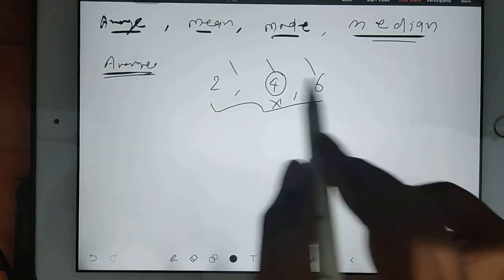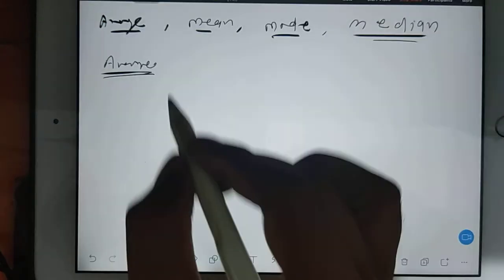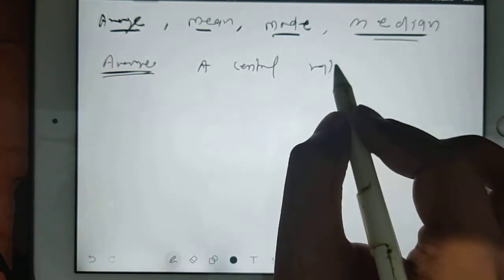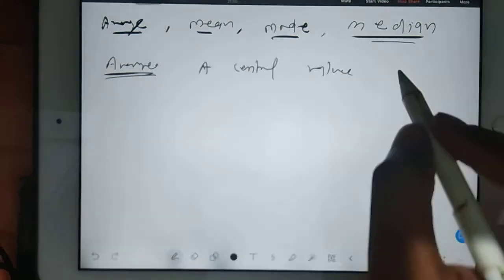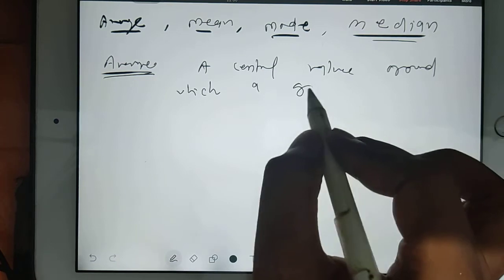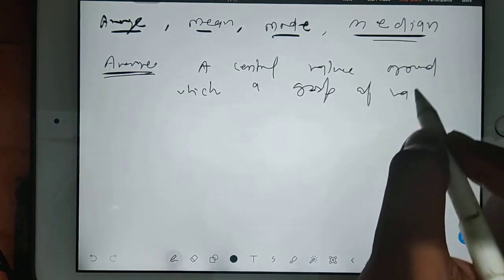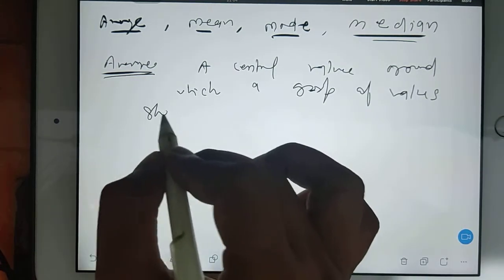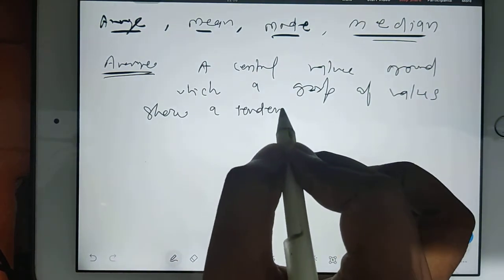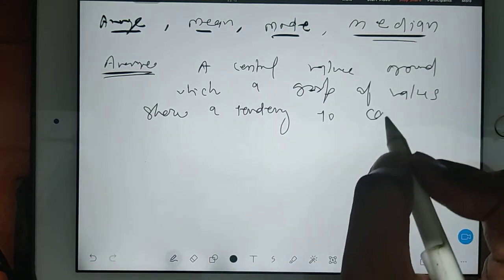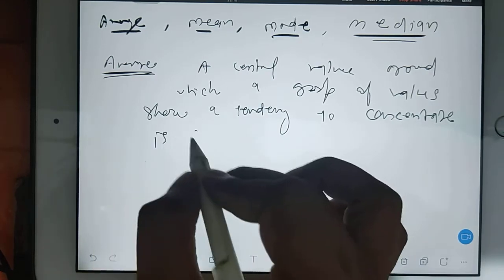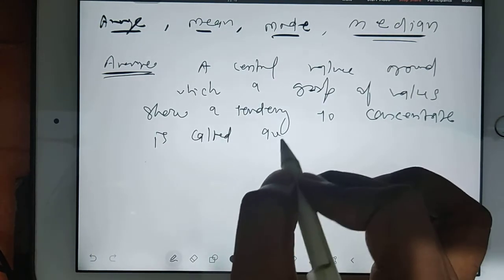In case of average, you just mention one sentence: a central value around which a group of values shows a tendency to concentrate is called average.